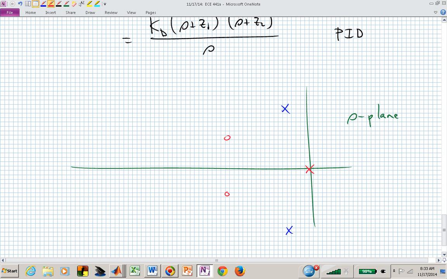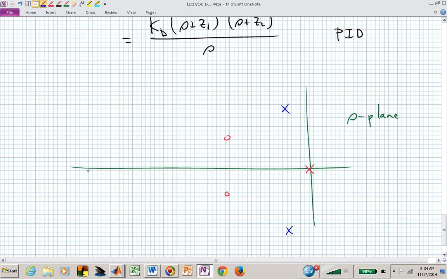For what reason? Why would I do that? What's going to happen to the root locus? Do you see what the root locus pattern is going to be for this pattern of poles and zeros? Do I have a real axis segment on the root locus? Is it on the right or the left of the imaginary axis? It's on the left, isn't it?